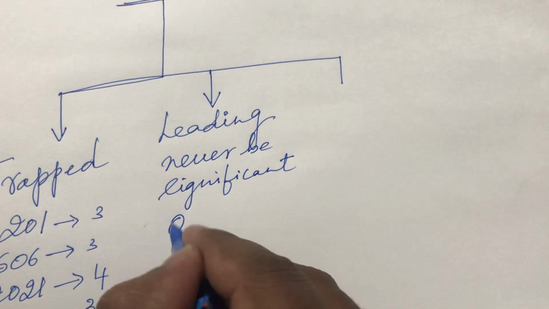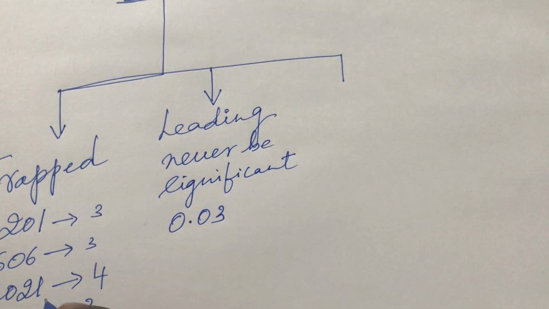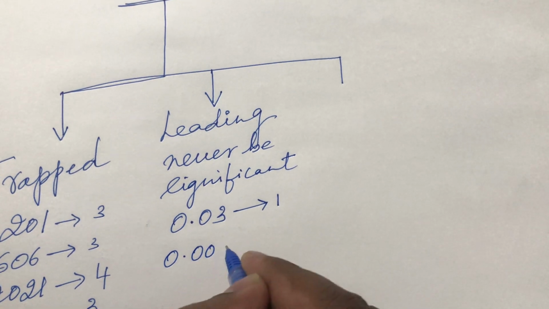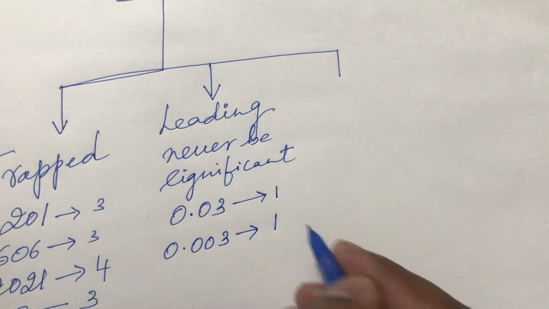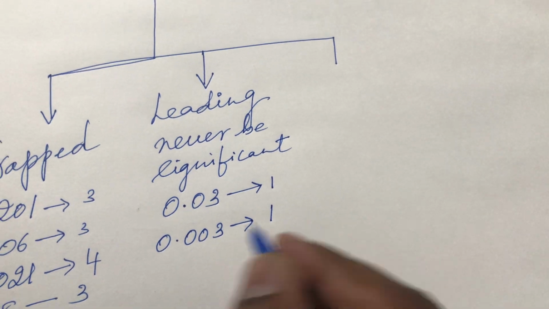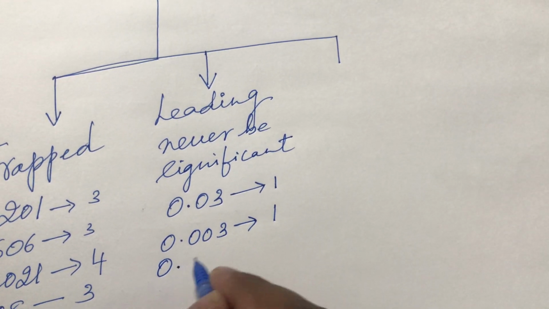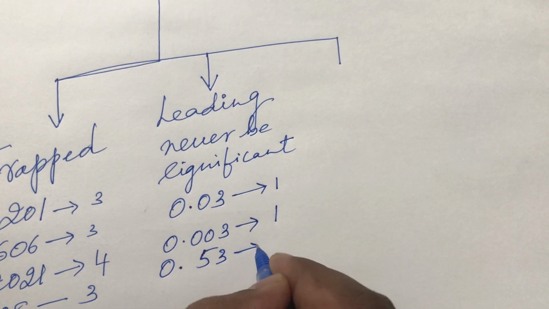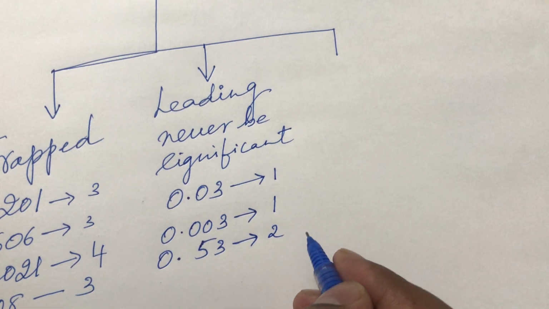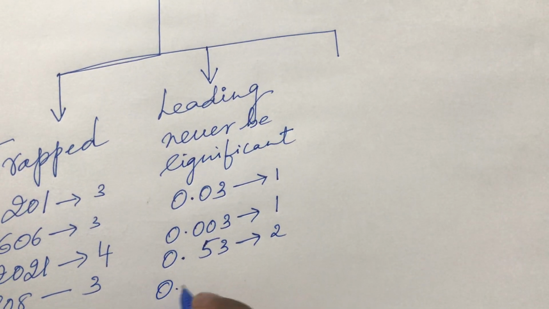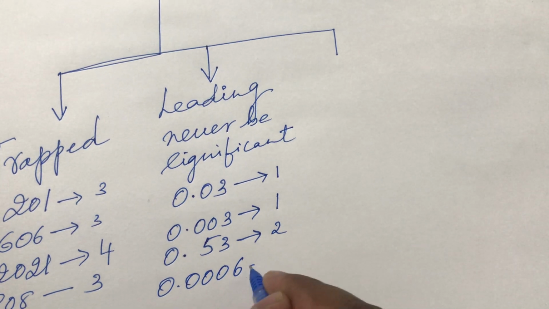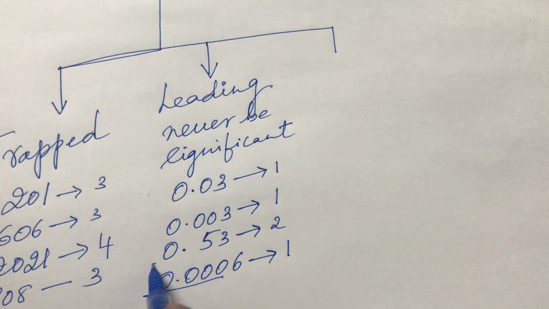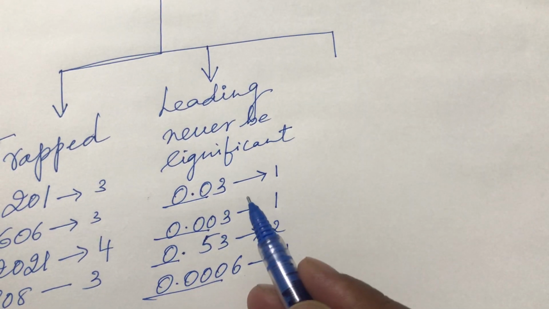For example, 0.03 has only one significant figure. 0.003 has only one significant figure. 0.53 has two significant figures. 0.0006 has one significant figure. Here all the zeros are considered non-significant.